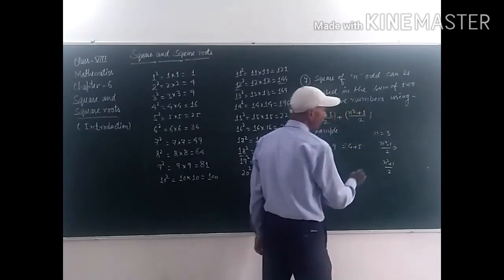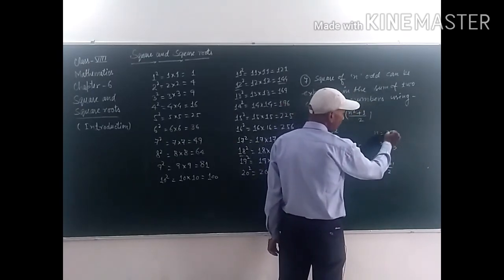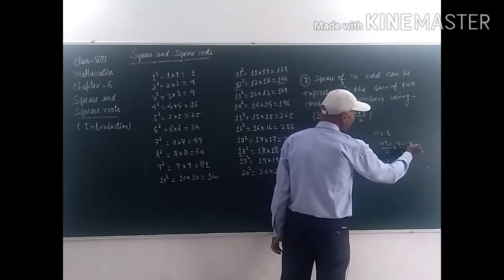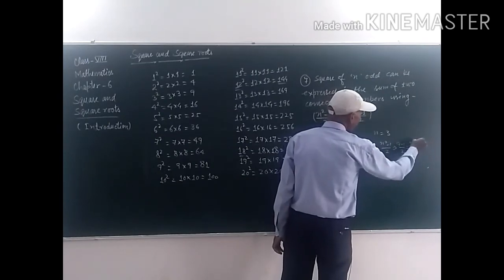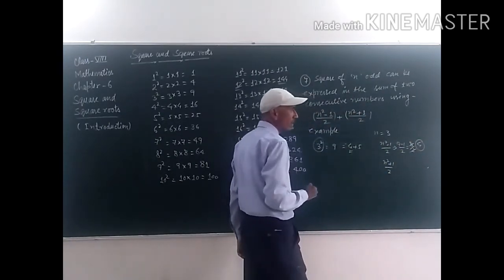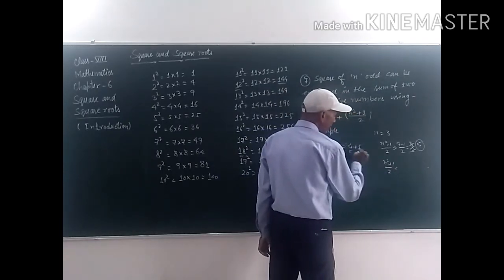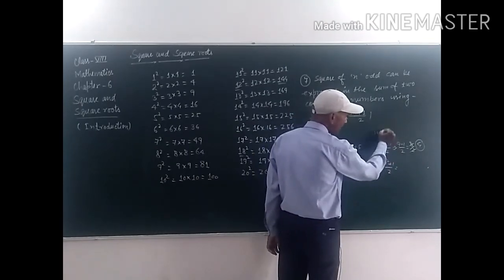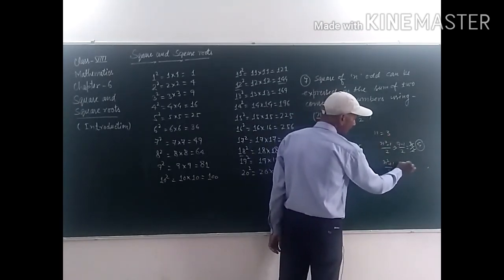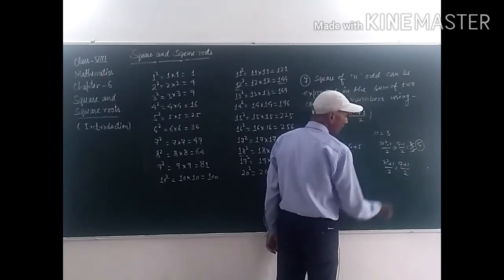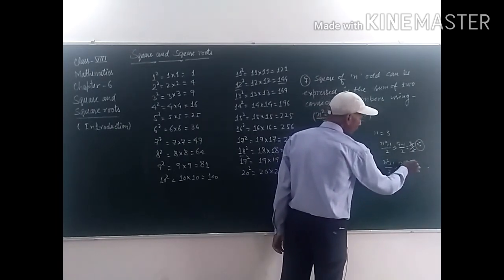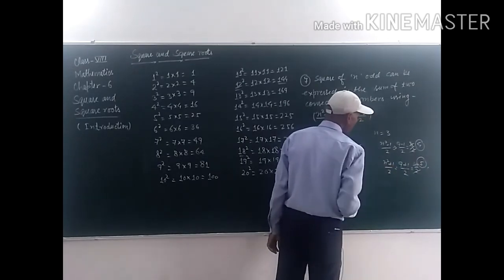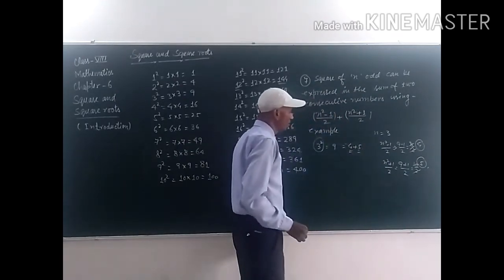It will be 3 square, that is 9, minus 1, by 2, it means 8 by 2, that is 4. This first number will be 4, and again plus n square plus 1 by 2. n is 3, so square of 3 is 9, 9 plus 1 is 10, 10 by 2, it means 5. So this is 4 plus 5.